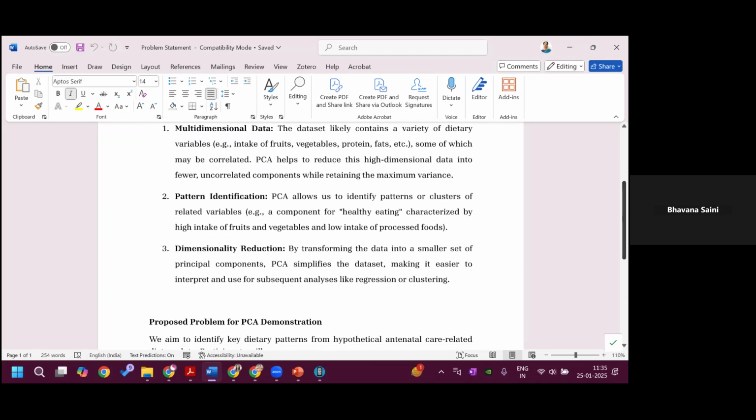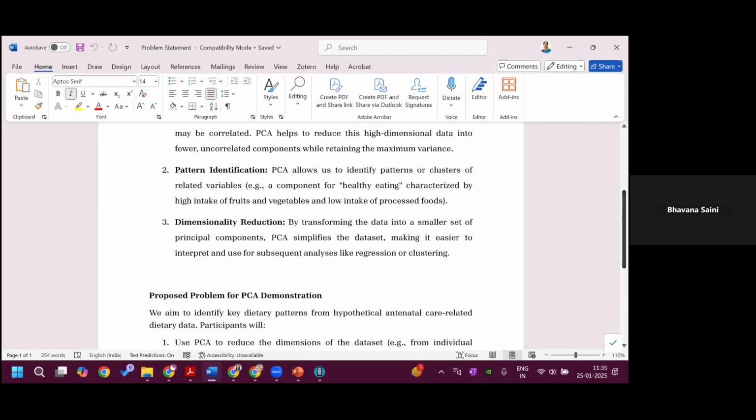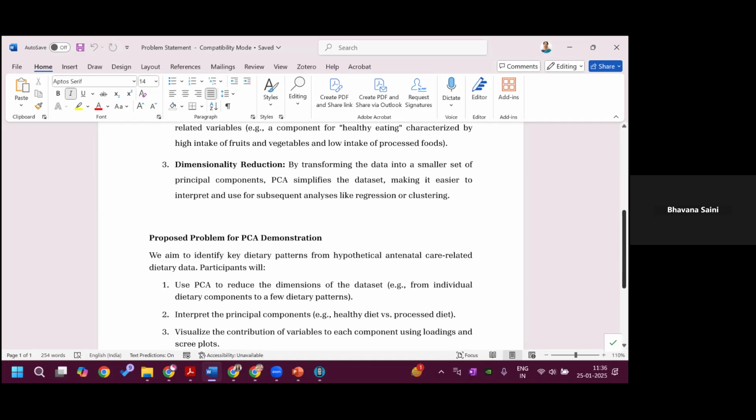Second is pattern identification. PCA allows us to identify patterns or clusters of related variables. Example, a component for healthy eating characterized by high intake of fruits and vegetables and low intake of processed foods. Third is dimensionality reduction. By transforming the data into a smaller set of principal components, PCA simplifies the dataset, making it easier to interpret and use for subsequent analysis like regression or clustering.